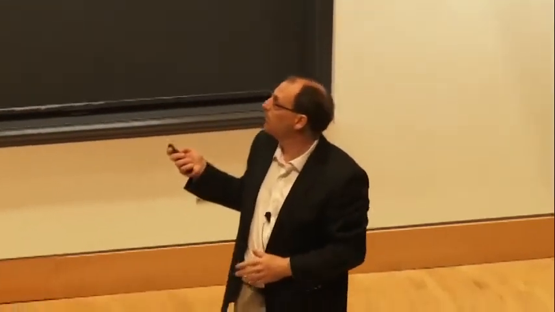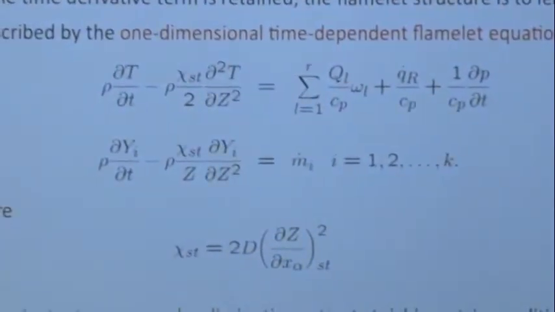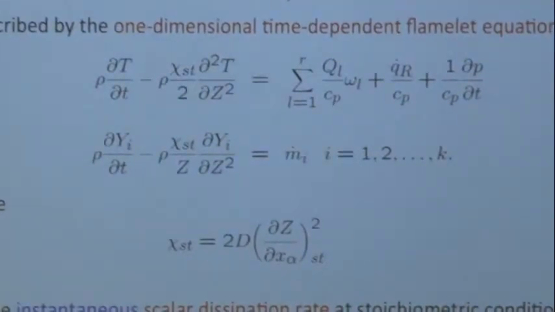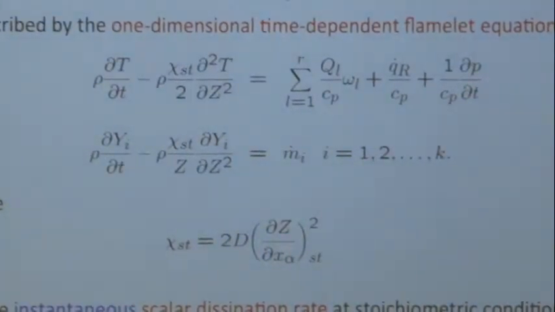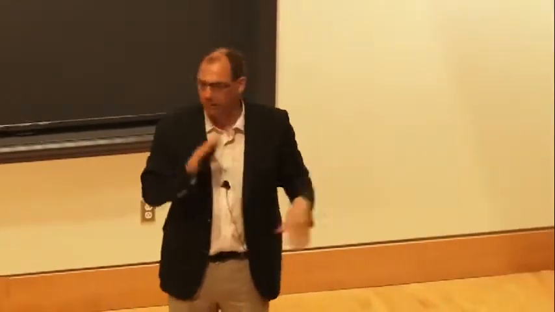Okay, in these equations. So these equations describe a very similar thing as the equations we had earlier for the counterflow flame, only that for the counterflow flame, from the beginning on, we said we look at a one-dimensional system, and here we didn't say that. We said this is a full three-dimensional, whatever, turbulent flame.